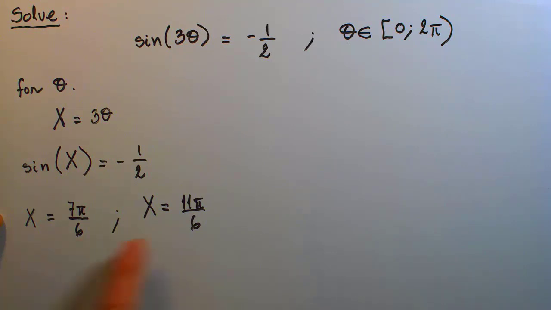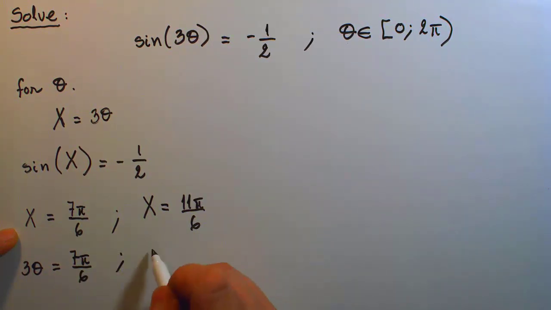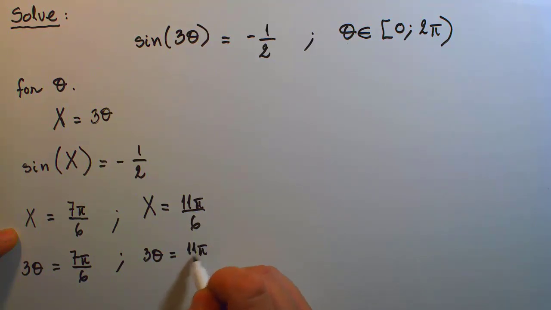So 3 theta equals 7 pi over 6, and in the same way, 3 theta equals 11 pi over 6. I just want to ensure every viewer understands that we have not found the solution for theta yet. We only found what should equal 3 theta and what else should equal 3 theta.